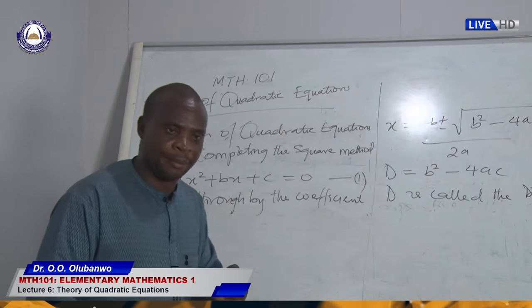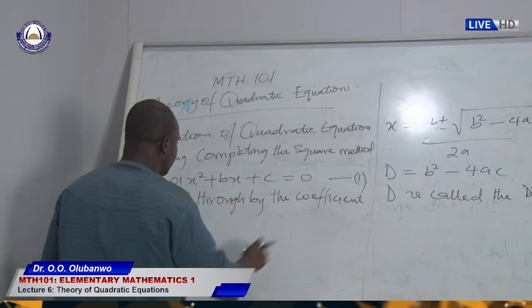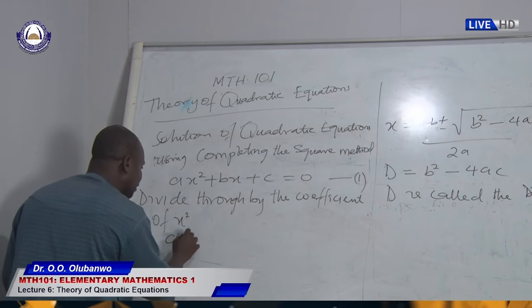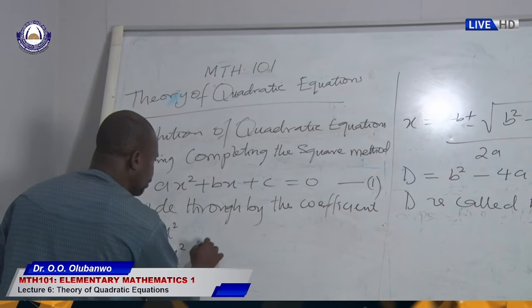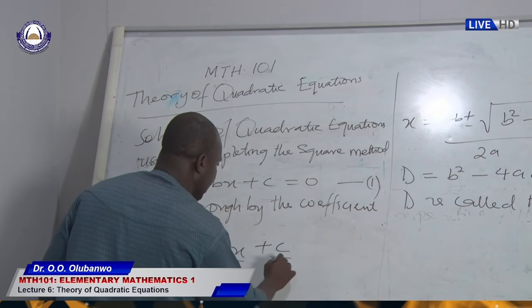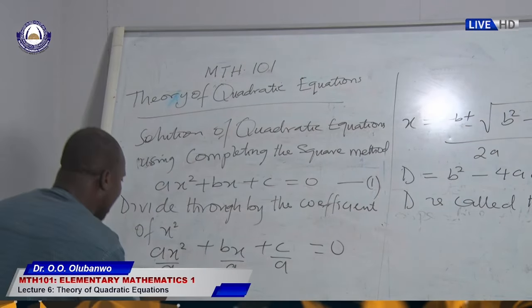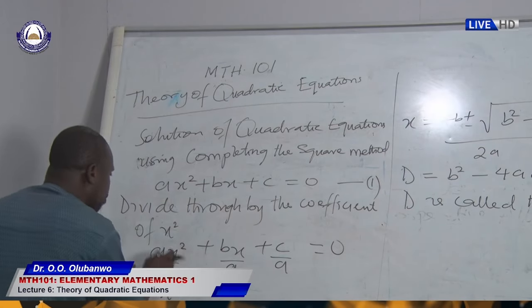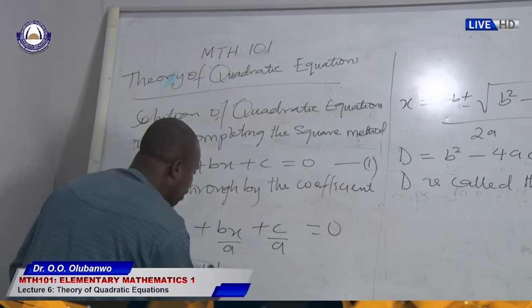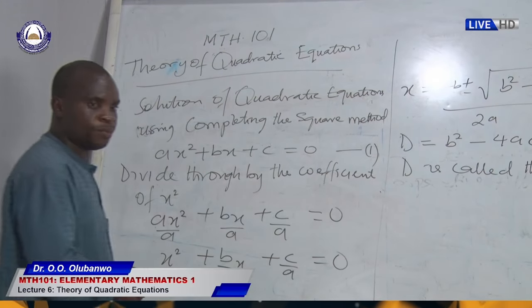While for our constant term, which is c, the coefficient is c itself. Divide through by the coefficient of x squared. We have ax squared over a plus bx over a plus c over a equals 0. Looking at this, because a cancels a, we have x squared plus b over a x plus c over a equals 0.